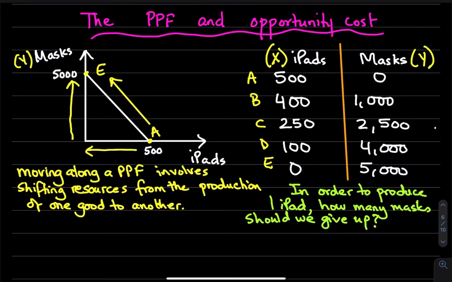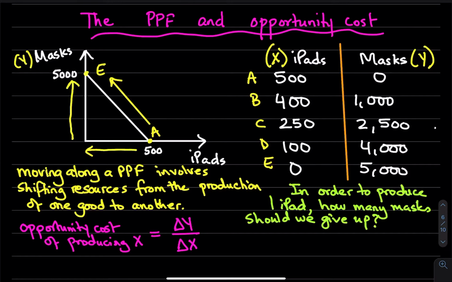Now, we're given all this data, we're given this graph. We can calculate something like this, which is the slope. So the opportunity cost of producing X can be just given by the slope of the production possibilities frontier, which is delta y over delta x.